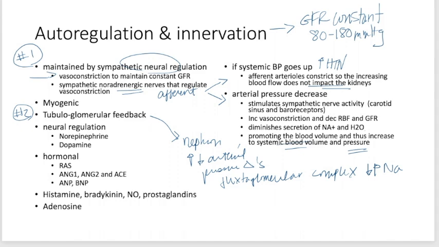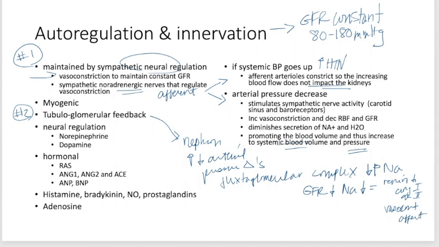So when the GFR and sodium concentration decrease, the macula densa cells stimulate afferent arterial vasodilation and increase GFR. So if we have GFR decrease, sodium decrease, the juxtaglomerular cells are going to secrete renin, which leads to vasoconstriction of the efferent arterioles. And then the opposite would happen.